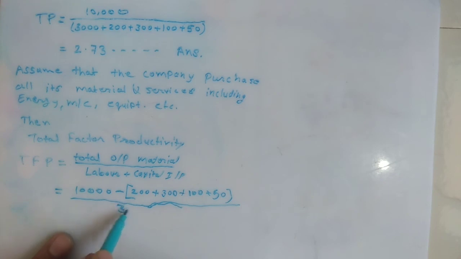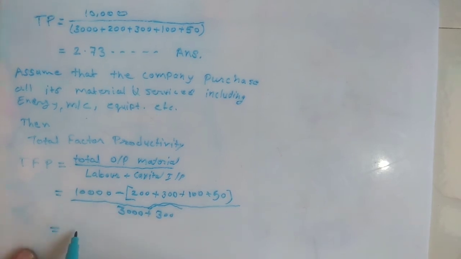So I write 3000 plus 300. If you put it into the calculation, you will find that it is 2.83.